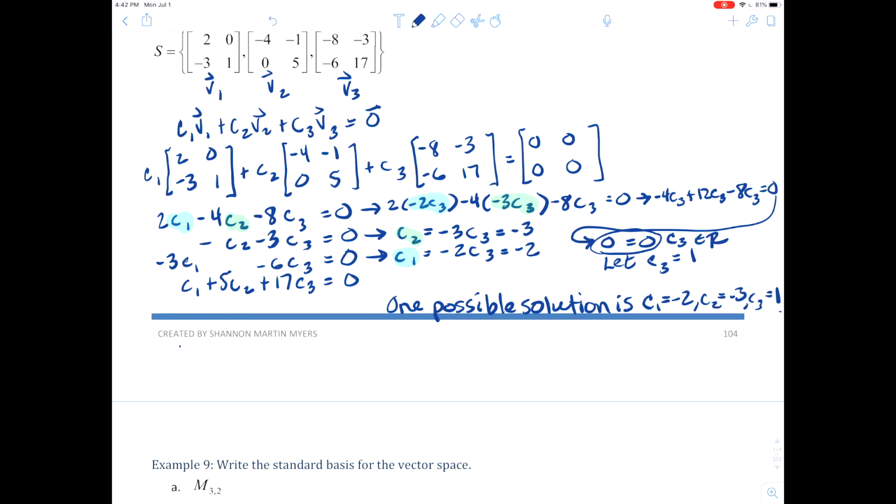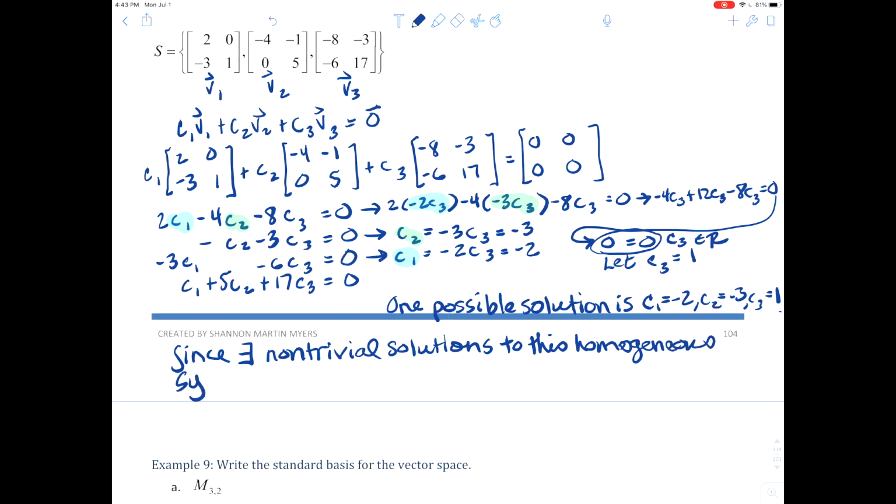So, since there exist non-trivial solutions to this homogeneous system, S is linearly dependent.